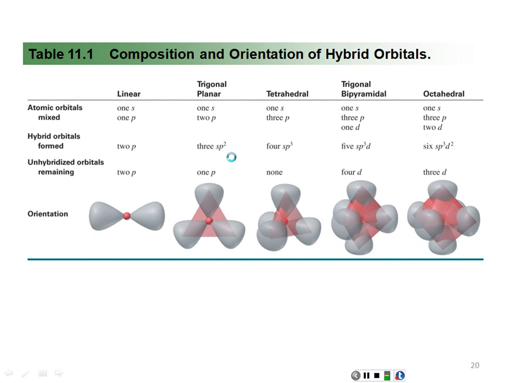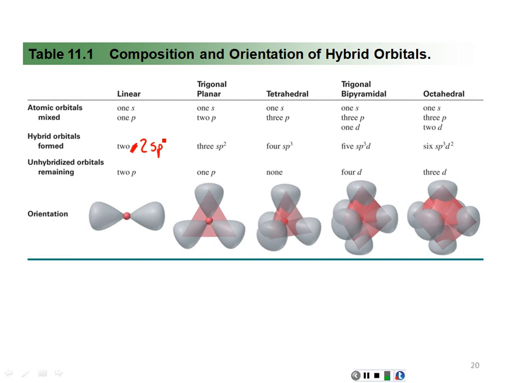Here's a good table, table 11.1, that summarizes this. If you have a linear geometry, you have 1s and 1p that are mixed, and there's a typo here, so that forms 2 sp orbitals, and you have 2 remaining p orbitals that are unhybridized.